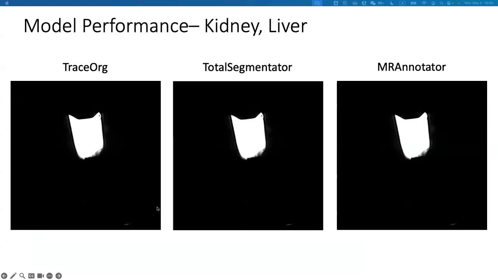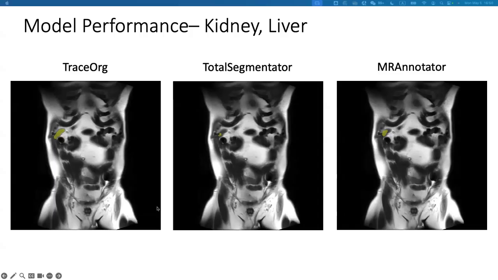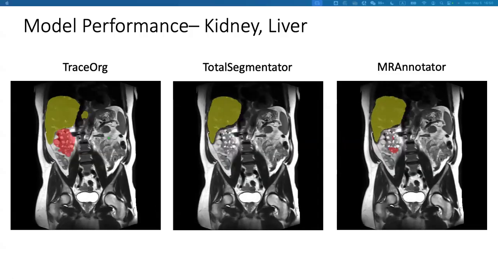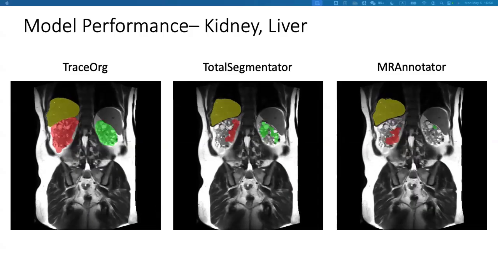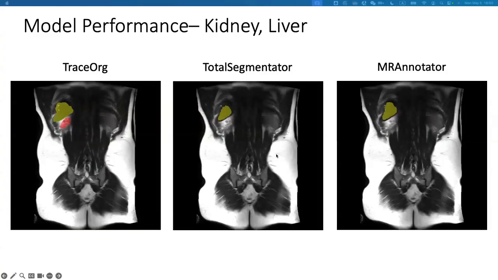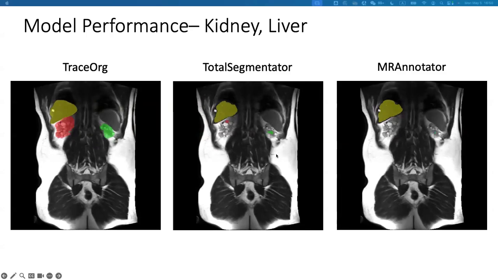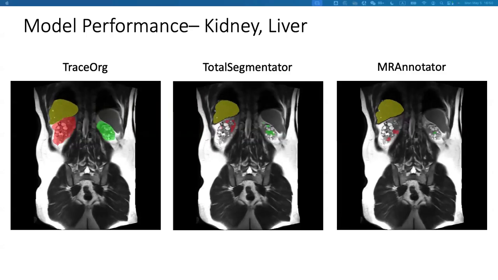Here is an example where Trace correctly labels the kidneys, while TotalSegmentator and MR Annotator do not recognize the polycystic kidneys. It makes sense, since we trained on over 500 ADPKD patients, whereas these other models are probably trained on normal cases.